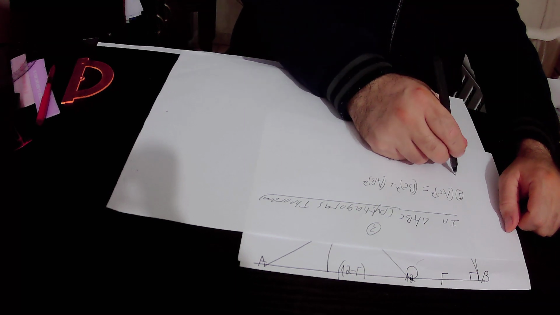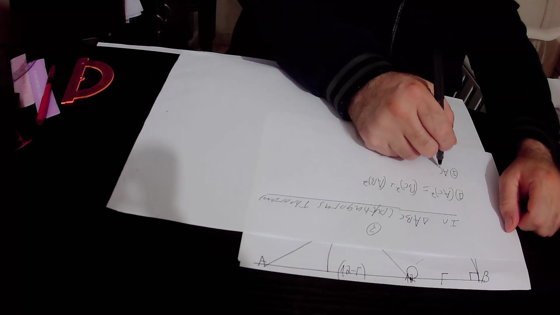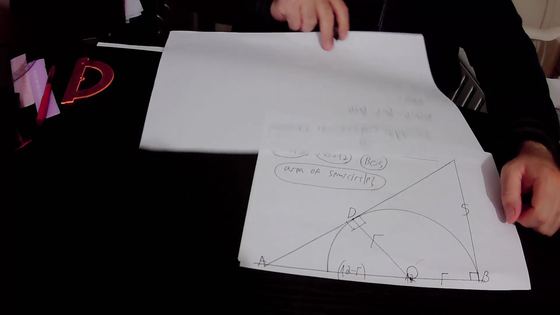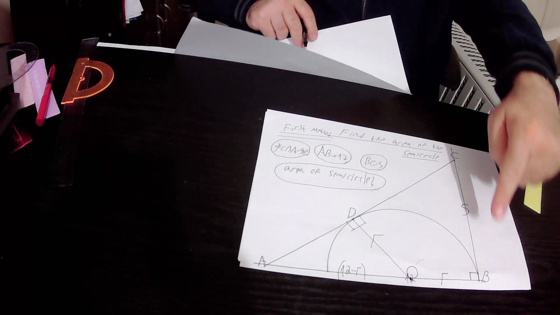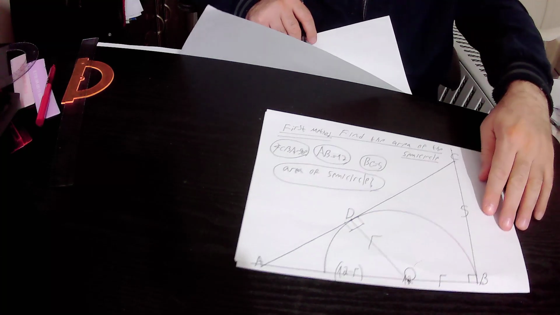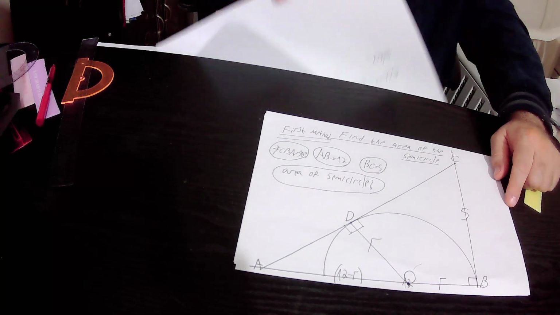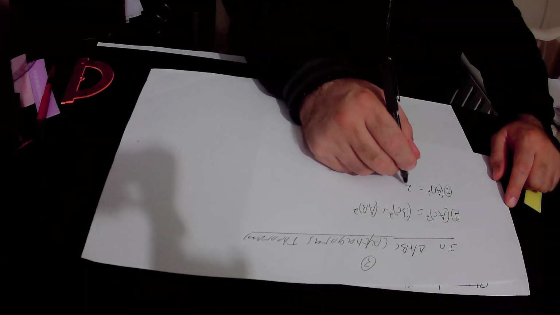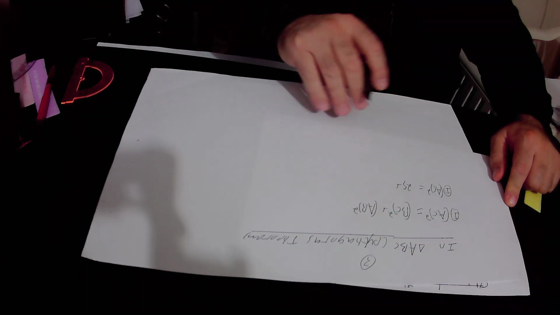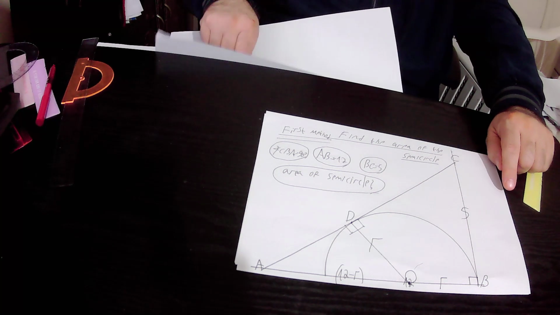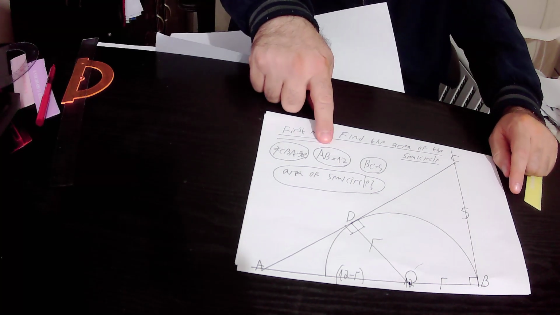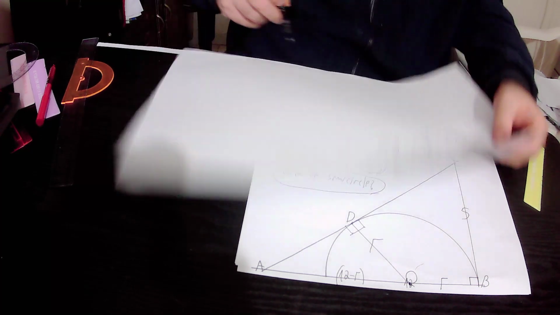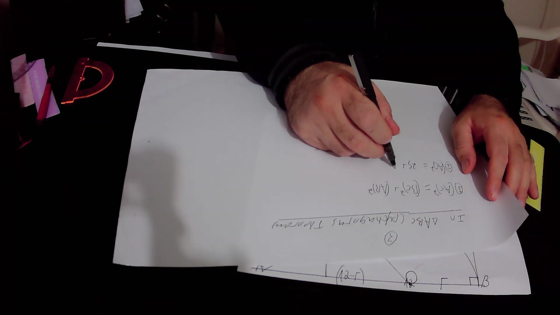So AC square equals BC square. It is given in the question that BC equals 5 units, so BC square will be equal to 5 square. 5 square is 25, plus AB square. It is given in the question that AB equals 12 units, so AB square is 12 square. 12 square is 144.